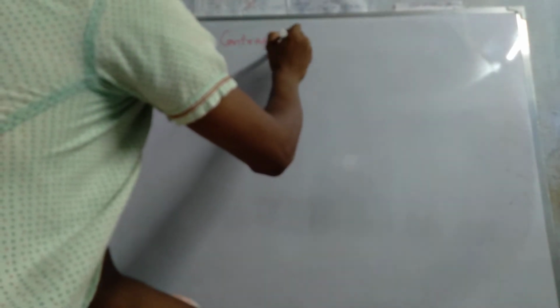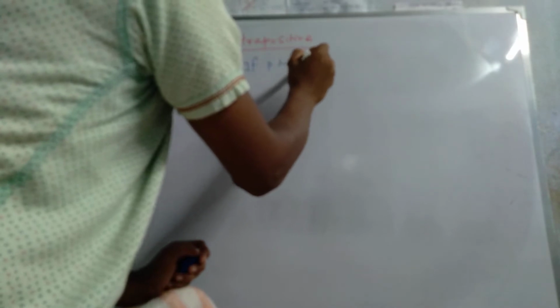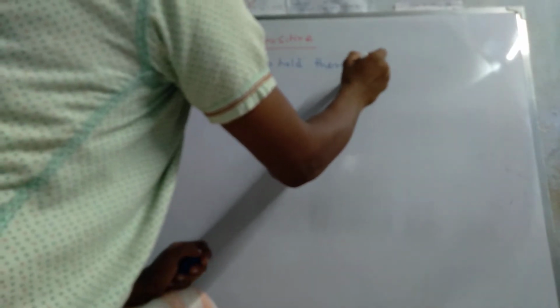We draw some statements and we find their contrapositive and converse. Now we start contrapositive. How do we define it? We define a statement: if P holds, then Q holds.